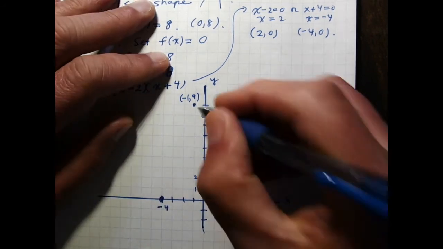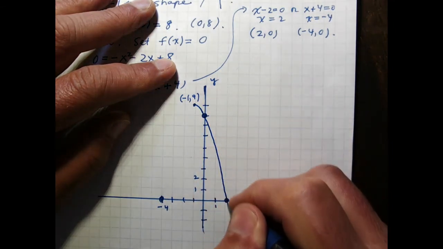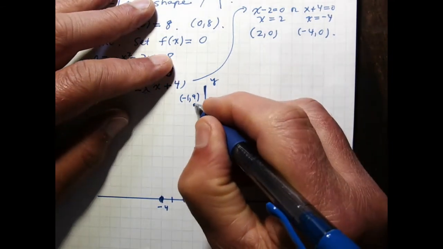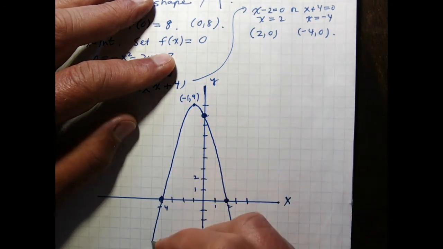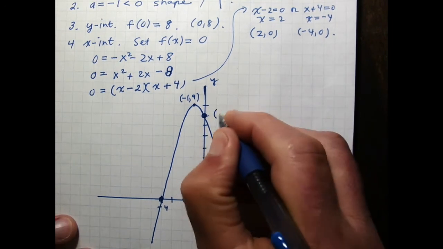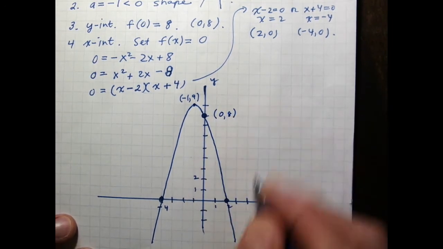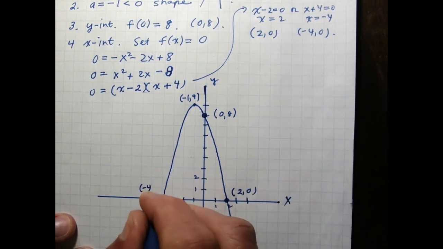And really, I think that's about all I need to draw this graph. Okay. That's the bare minimum that I would want to see. It's nice if you label these intercept points with their coordinates.